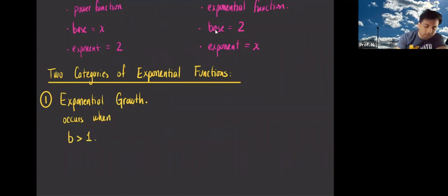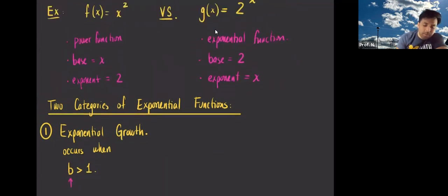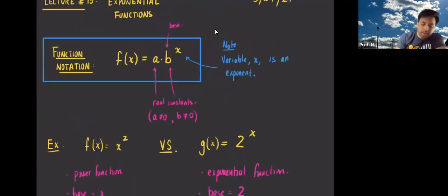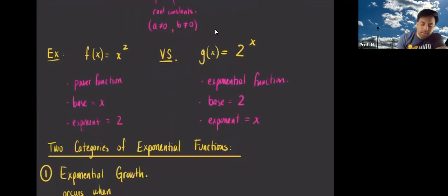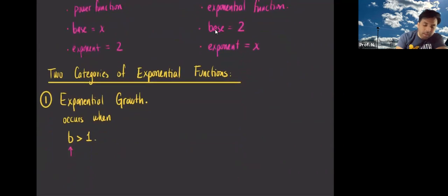We name this b value, the one right here underneath the exponent, a growth factor.